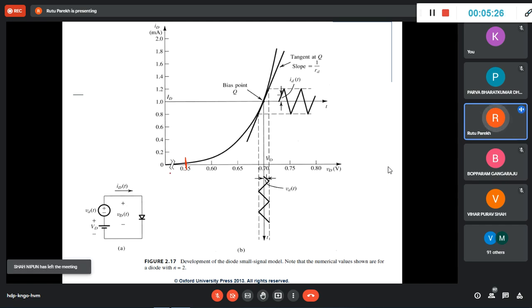Hardly any current means it is off, nanoampere or pico, what we call the leakage current. Do you understand?